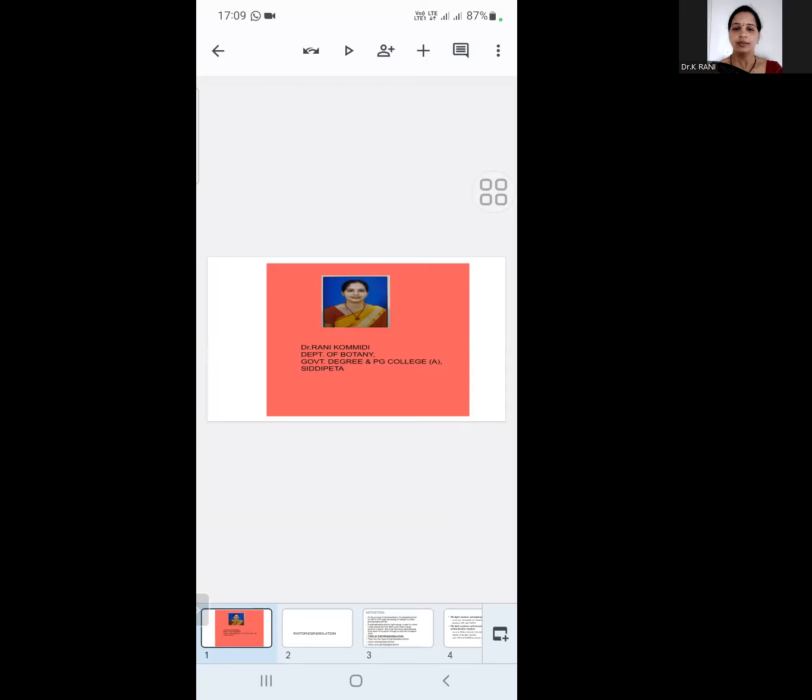And carotenoids, in which carotene and xanthophylls are also very important photosynthetic pigments. And the remaining are the phycobilins: allophycocyanin, phycoerythrin, phycocyanin. These all were completed yesterday.